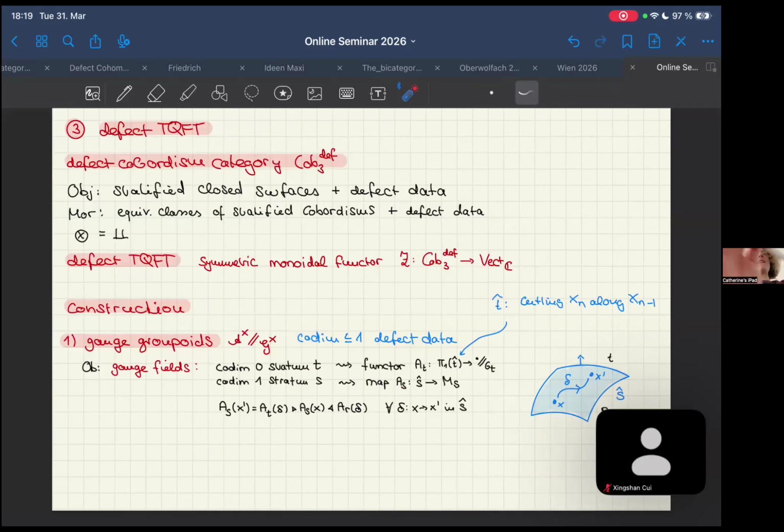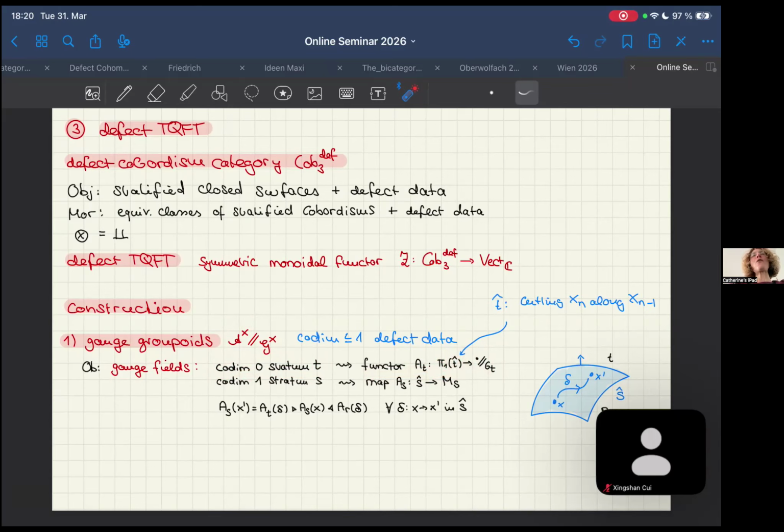So what a gauge field is, an element in this set here, is essentially an assignment where we give to each codimension 0 stratum a functor from the fundamental groupoid of some space associated to the stratum into the groupoid with the single object and the group isomorphisms. So this is essentially what we did in Dijkgraaf-Witten TQFT without defects, but here we have to say what the space is, and it's a bit subtle.